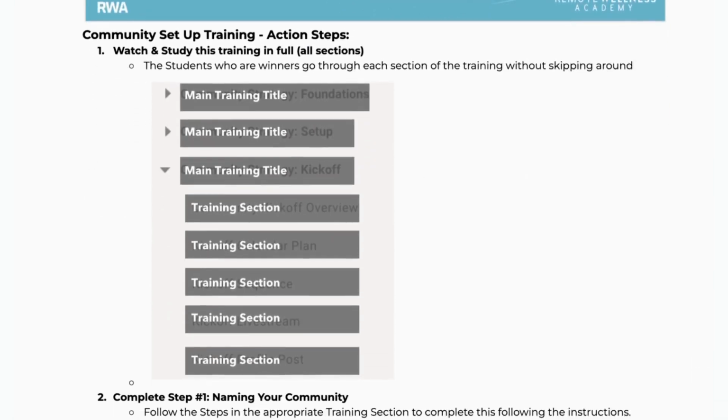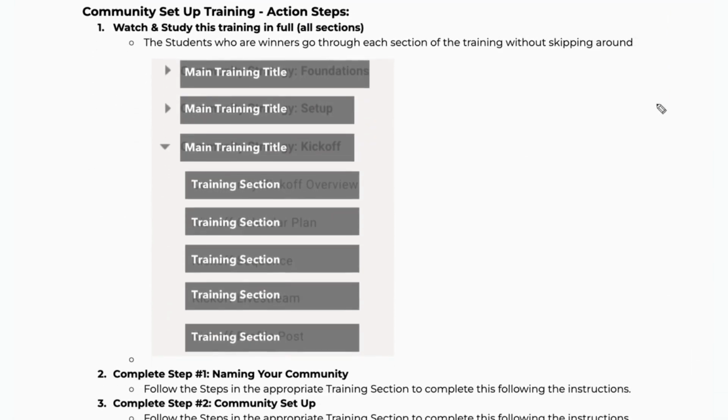So action step number one, as you know, is going to be to go ahead and watch and study these trainings in full. Students that win actually go through the sections and the training, and they don't skip around. Right here, you have the main title of the training. For this section, it is the community setup.